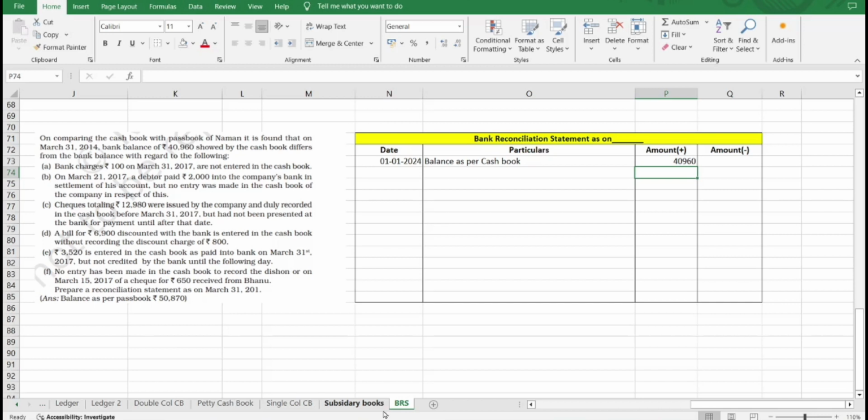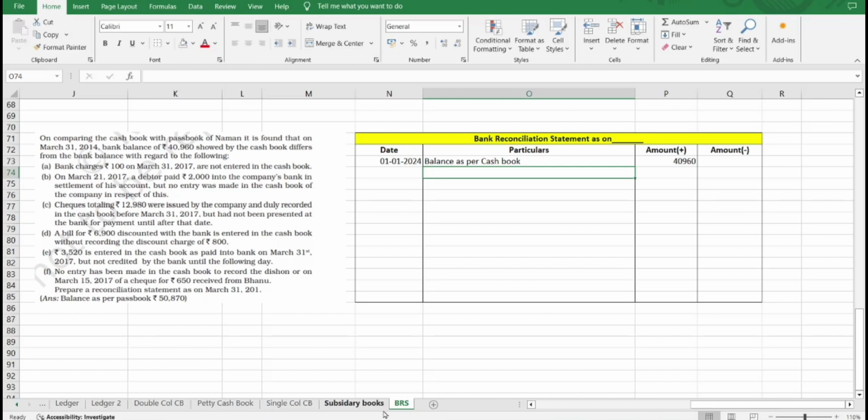Point B. On March 21st, 2017, a debtor paid rupees 2,000 into company's bank in settlement of his account, but no entry was made in cash book in respect of this. So point B clearly mentions that there is no entry made in the cash book, because of which there is again an imbalance in our cash book and passbook.